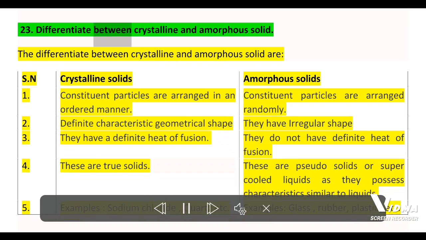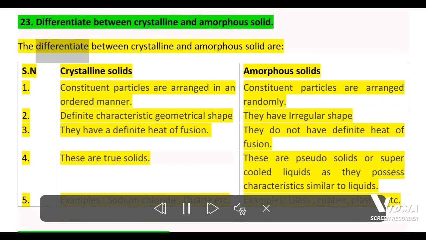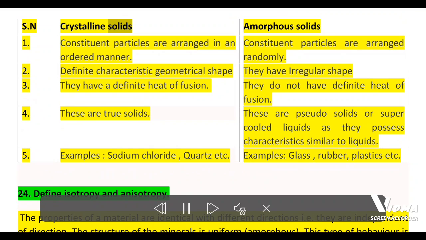23. Differentiate between crystalline and amorphous solid. The differences between crystalline and amorphous solid are: S.N. Crystalline solids, Amorphous solids. 1. Constituent particles are arranged in an ordered manner. Constituent particles are arranged randomly. 2.